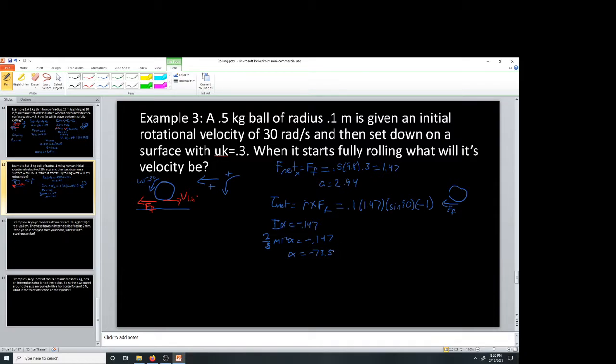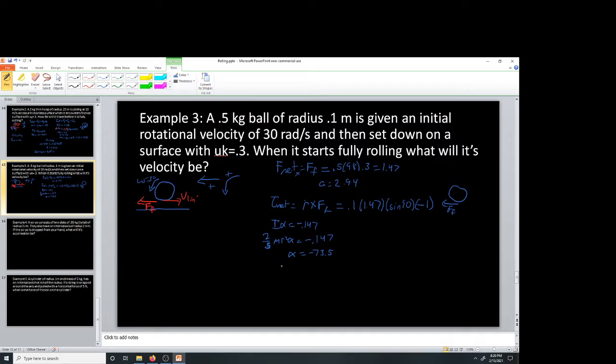That seems really high, but angular accelerations can be quite high in a problem like this because its moment of inertia is really small. We didn't actually calculate it out, but this is 2/5 mr squared. R squared is 0.1, so that's 0.01. 0.5. So 1/5 times 0.01. It's a really tiny moment of inertia.